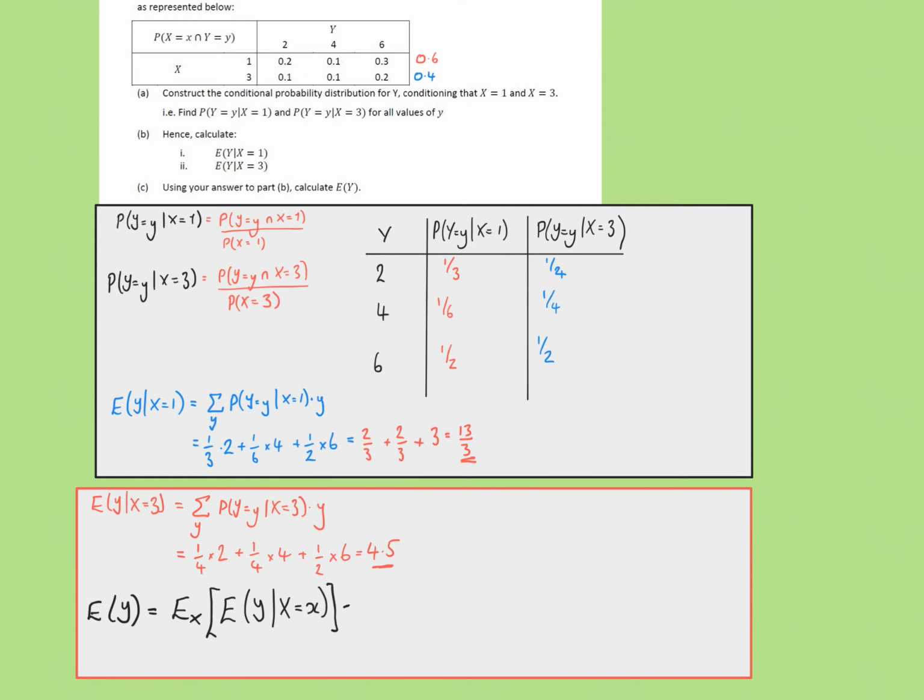So our expected value of y is equal to 0.6 times 13 over 3 plus 0.4 times 4.5, which is equal to 4.4. You could check that by going through and calculating the expected value of y using each of the marginal probabilities.